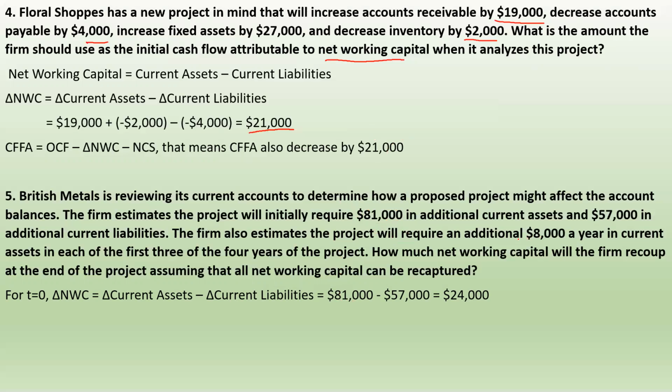And they will also have 57,000 in additional current liabilities. So the change in net working capital for t equal to 0 is 24,000. For t equal to 1 to t equal to 3, the change in net working capital is 8,000. Instead, it requires an additional 8,000 a year in current assets.